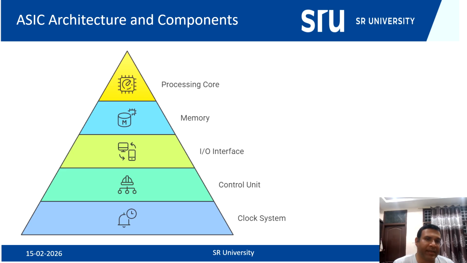Whereas semi-custom ASIC uses pre-designed standard cells, which reduces the design time and cost while maintaining good performance. A programmable ASIC allows limited configuration after manufacturing, providing some flexibility. And a system on chip is an advanced type of ASIC that integrates processor, memory, input-output interfaces, and other components into a single chip, creating a complete embedded system solution.